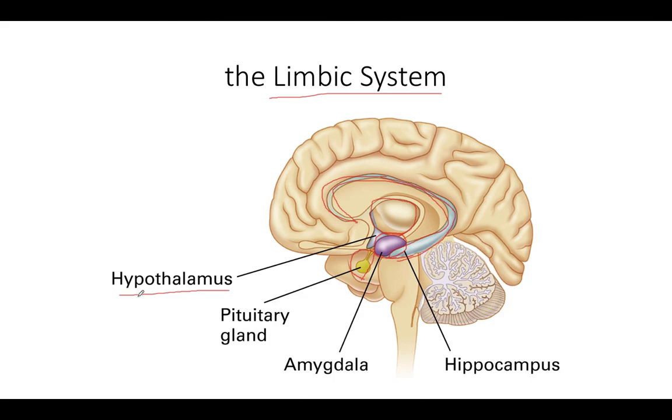It's also acting through the endocrine system because it's sending signals to the pituitary gland, which is sending signals through hormone release to other glands in the body. And the pituitary gland, as you probably learned in bio, is known as the master gland. It kind of is involved in regulating the other glands.